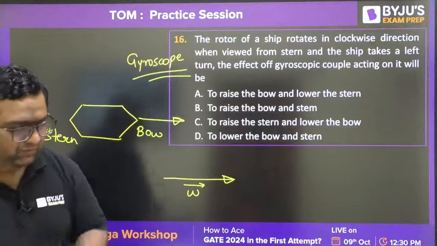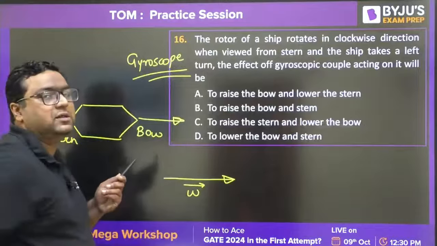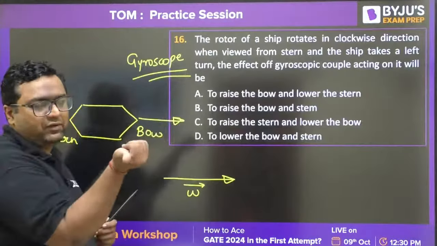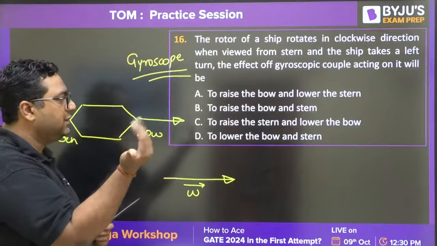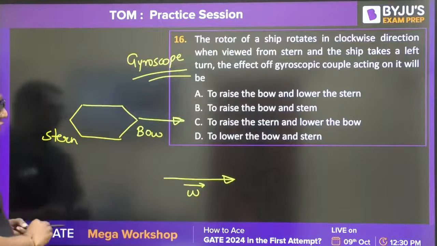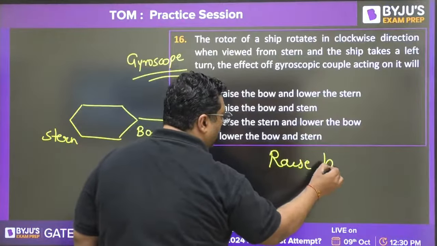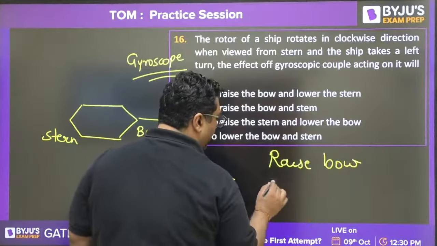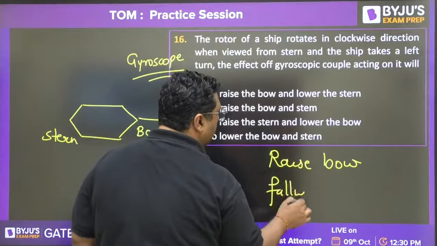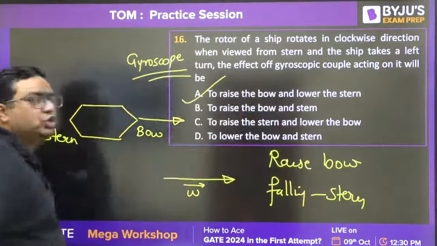So I will say the vector was like this, going inside. Inside is positive y. This is active reactive. Sense is this. So sense is this means it will have a tendency of raising the bow and falling the stern. Answer will be A for sure.